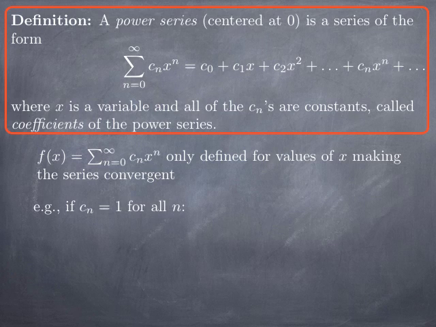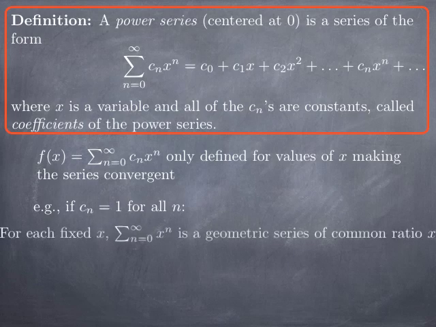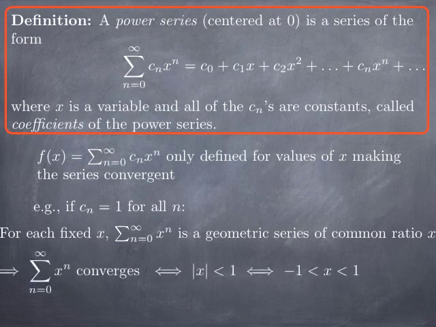So let's look at some examples, starting with a case where we take all the coefficients equal to 1. Then for each x that is fixed, we have a series, say from 0 to infinity, of x to the n, and that's really just the sum of the powers of x, and therefore it is a geometric series of common ratio x, and we know when that is convergent. It is convergent exactly when the common ratio in absolute value is less than 1, which means in our case if x is strictly between -1 and 1.